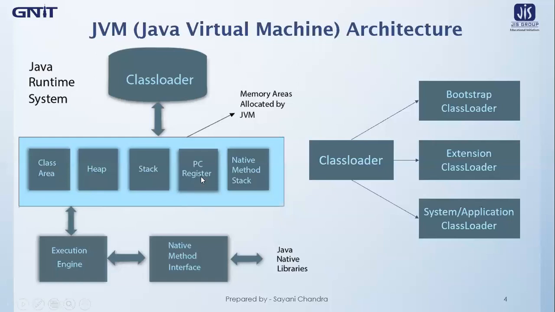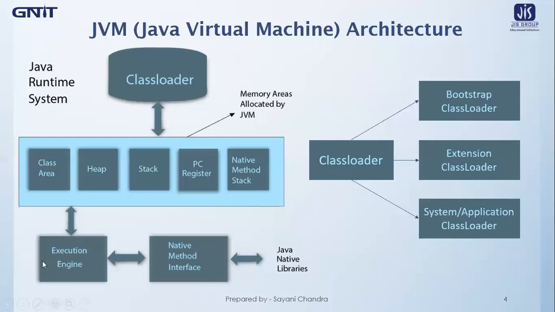The fourth point is program counter register or PC register. It contains the address of the Java virtual machine instruction currently being executed. The last one is native method stack. It contains all the native methods used in the application.